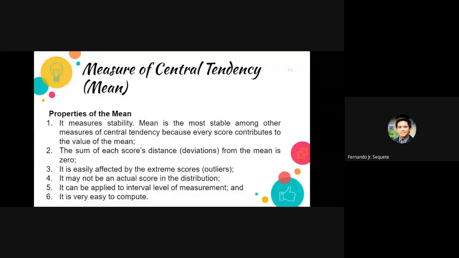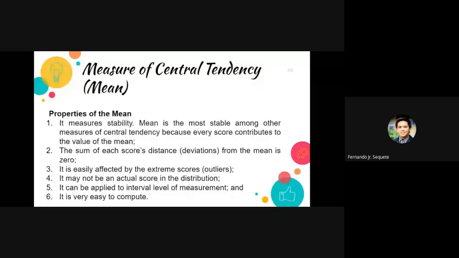If you add up the deviations above the mean, and then the deviations below the mean, the sum of the deviations below the mean will always equal the sum of the deviations above the mean.